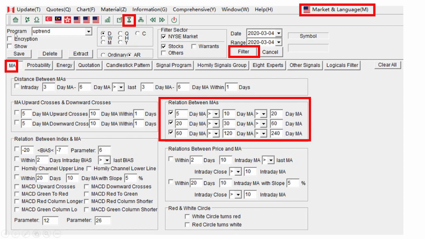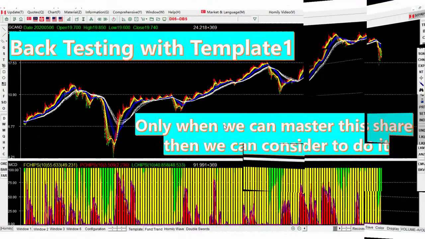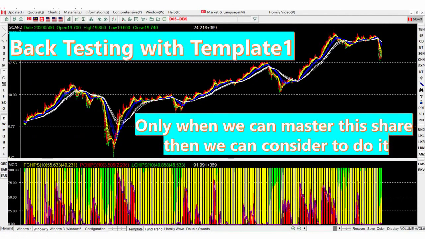We can also name the program below. We name it uptrend and click save. So this program will be saved automatically. Afterwards, we just click this triangle to call the uptrend and click filter. No need to set again. Okay, so this is the filter, and then we use the template one.